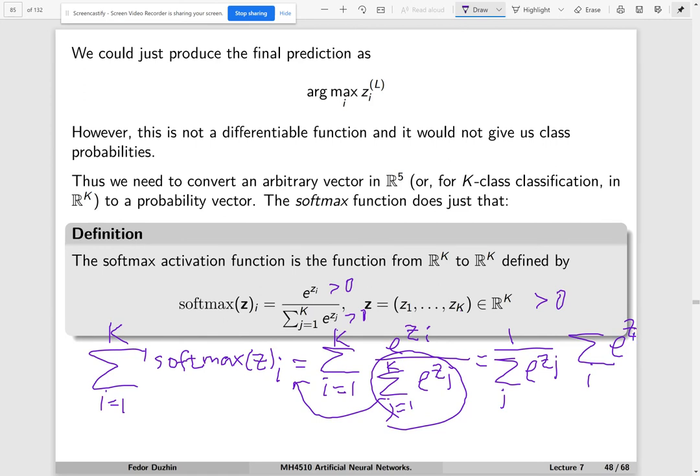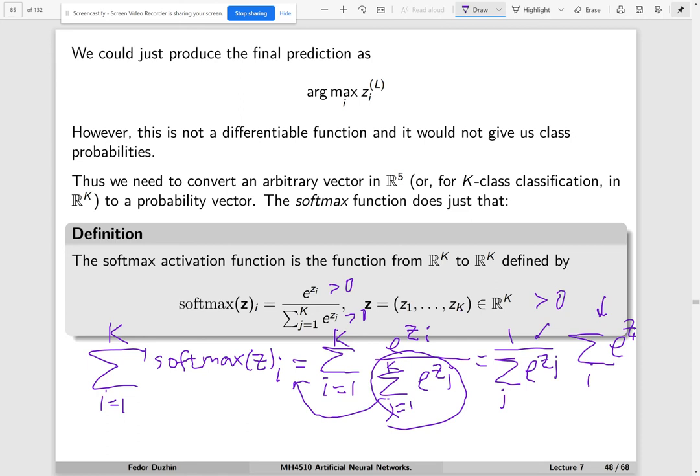But these two sums are actually equal. They look different, but it's exactly the same sum. In one of them we use i as the notation for the index of summation, and in the other we use j. But of course, it doesn't matter whether you denote it by i, j, k, sigma, or whatever. It's still the same thing.